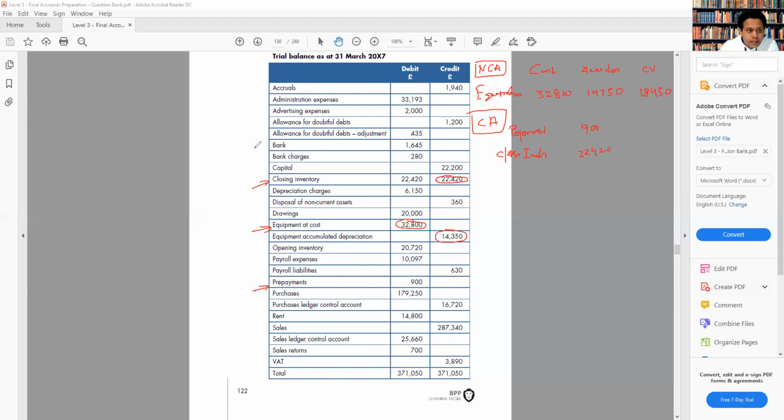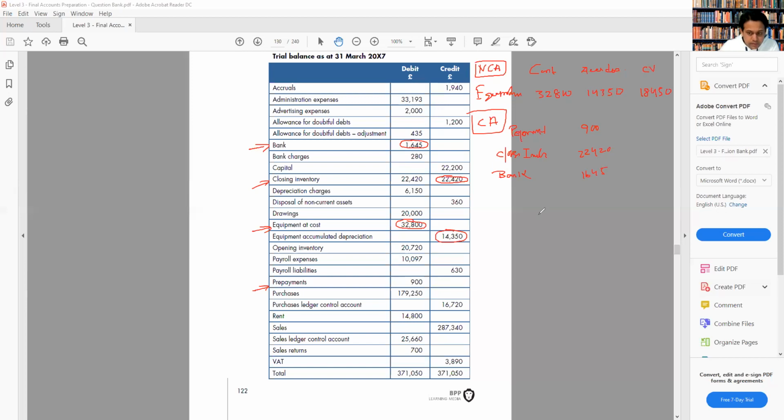What else we have? We have a bank. Remember, you only take the bank if it is on the debit side. If the bank is on the credit side, that will be your current liability, and do not take that. So bank has to be on the debit side to take in the current asset section. 1,645.